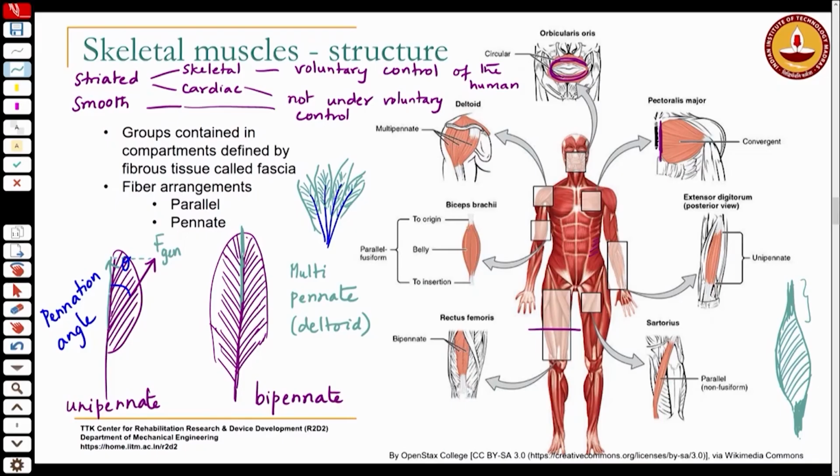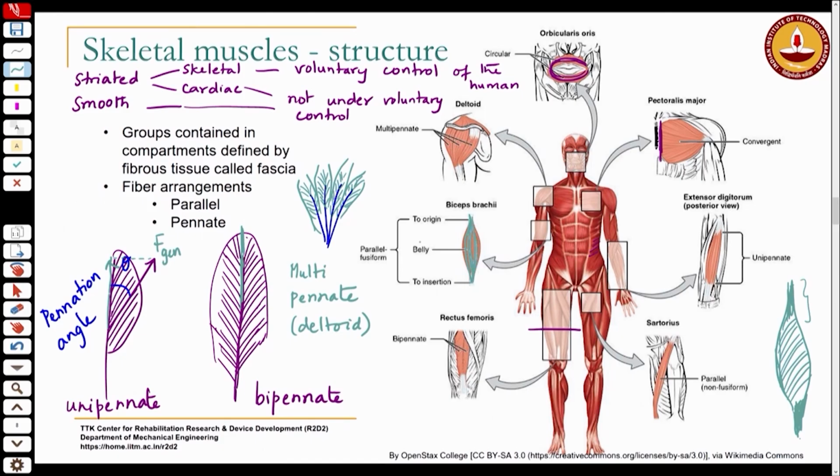This is the diagram for the parallel fusiform? Which one? This one, green color? No, this is not the diagram for the parallel fusiform. That is a good question. The difference between the parallel fusiform and this, which is the unipennate: in the parallel fusiform, the fibers are all parallel to that. The fibers are like this.